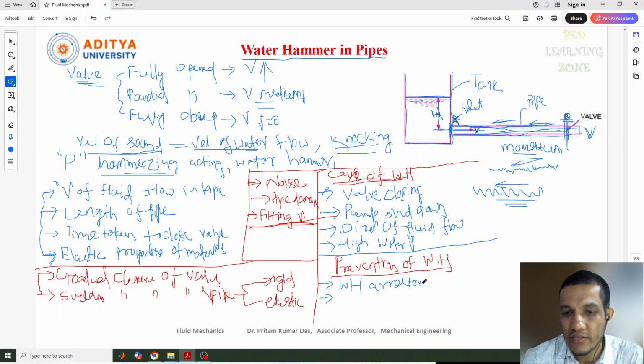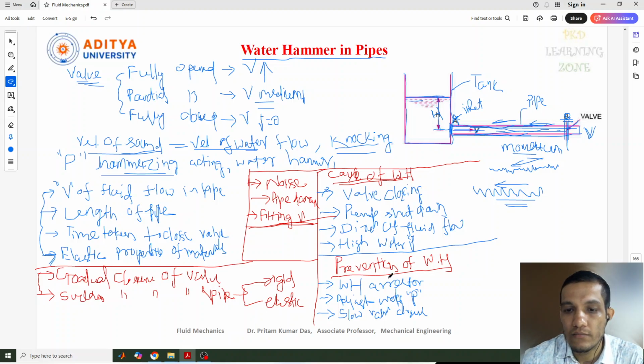So by installing this one, we can avoid this water hammer. Okay, and we need to adjust the water pressure. The water pressure needs to be adjusted. Okay, and we can install a slow valve closure.